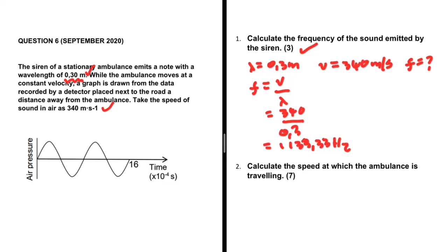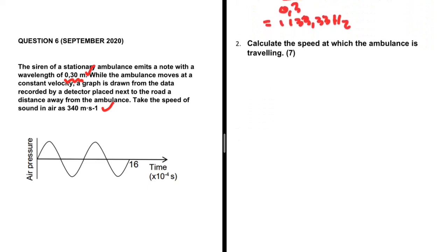Is the ambulance moving towards or away from the detector? We're not even sure of that, but let's just write down the information we have first and see how we're gonna tackle this problem.